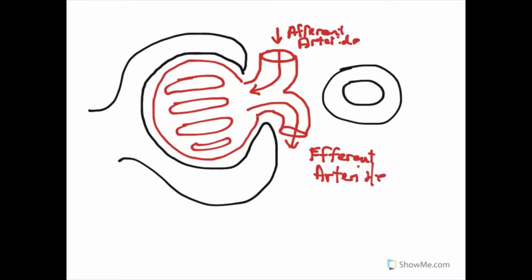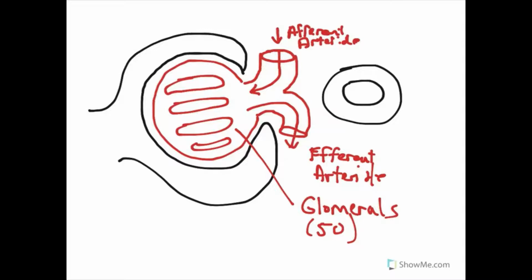In between, of course, we have the blood vessel known as the glomerulus, which is made up of about 50 intertwined capillaries that form this massive mass called the glomerulus. It gets its name from its shape of a ball.